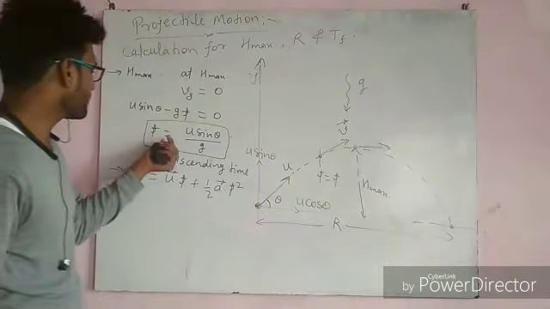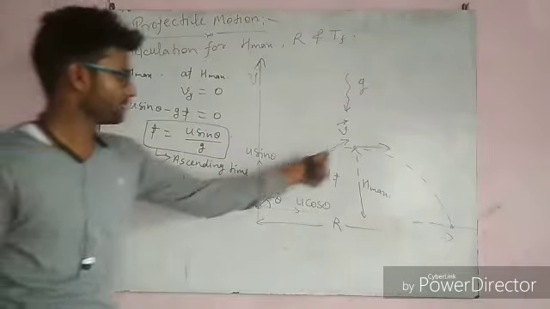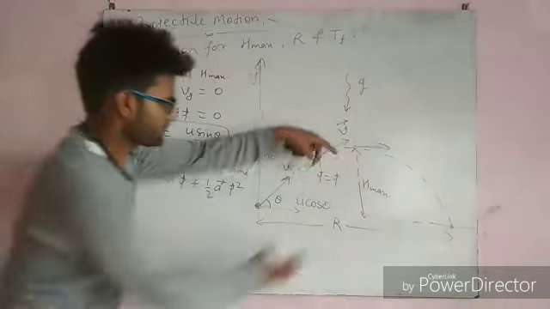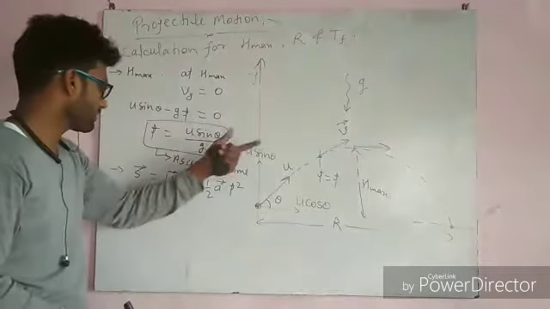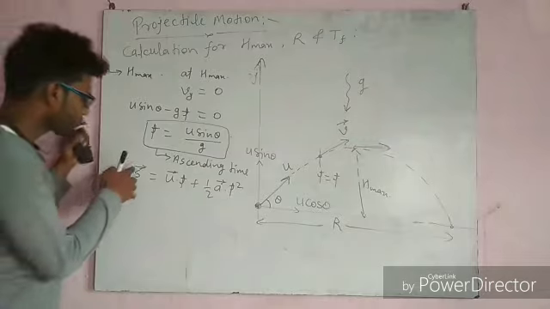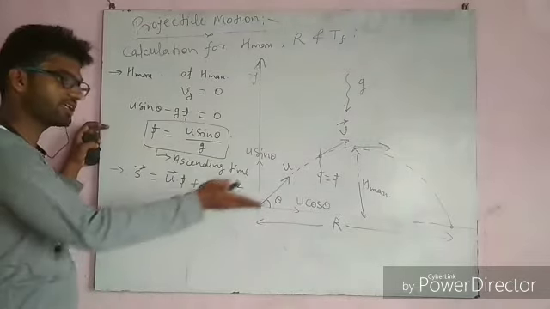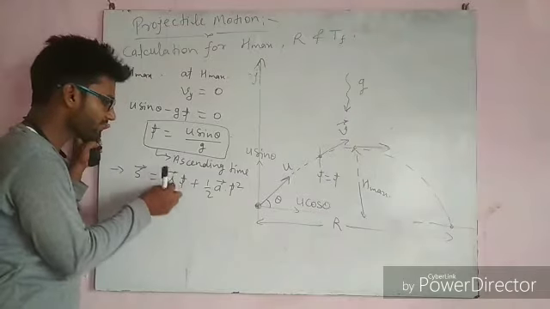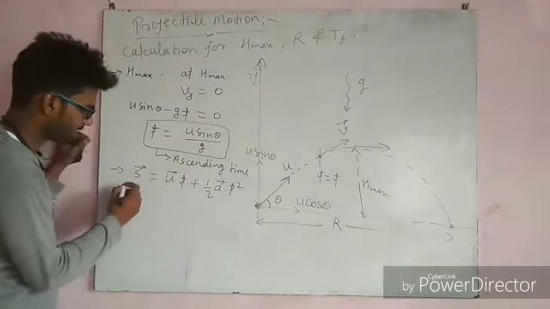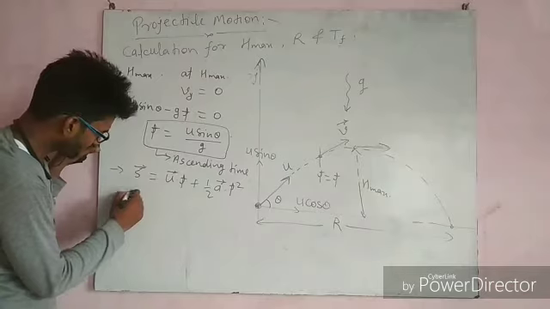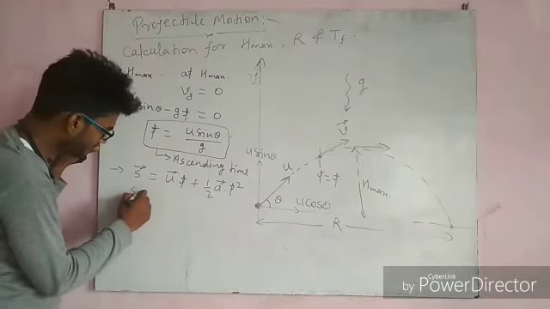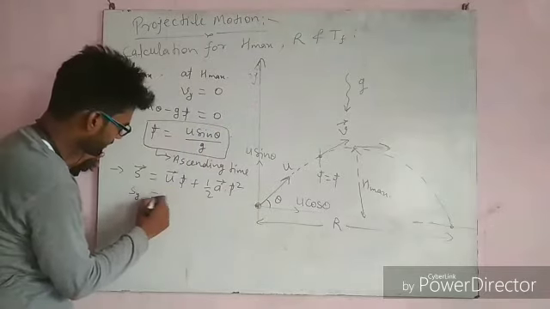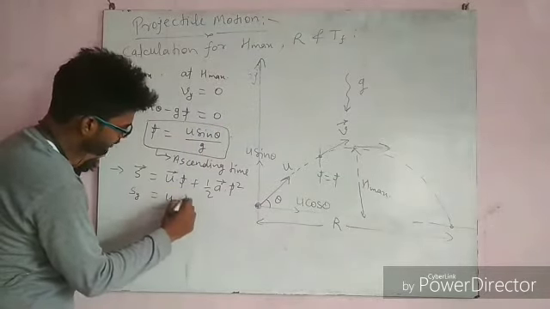If we put this time, the particle will be here only, so the y displacement will be equal to h max. So here we are taking the displacement in the y direction only. So we take the initial velocity component in the y direction, right? We can write something like this, Sy, meaning displacement component in the y direction, Sy equal to uy into t.